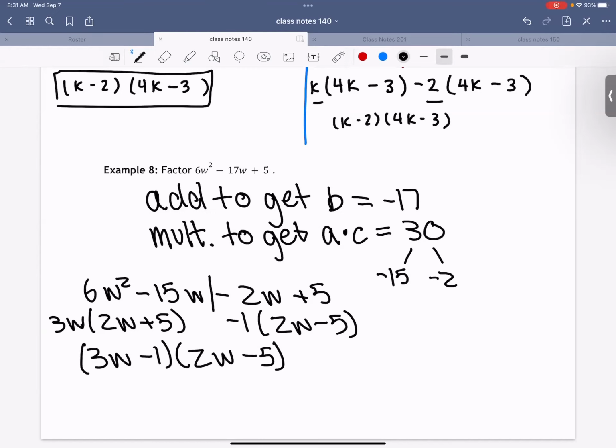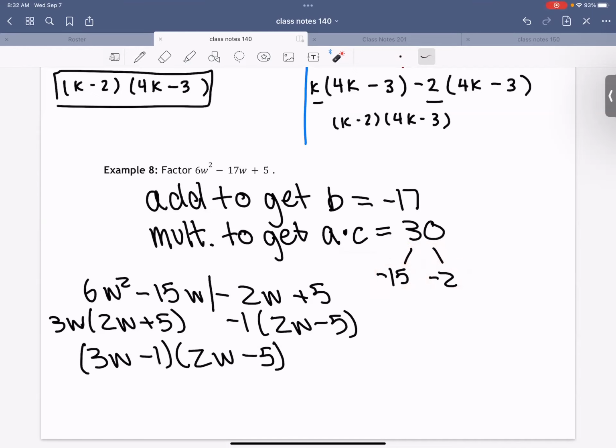All right, Riley wrote up her answer, right? Do you want to take us through this one? So we're supposed to add to get b, which in this case would be -17, and you multiply to get a times c, which is 6 times 5 equals 30. And in order to get to -17, the two factors of 30 would be -15 and -2.